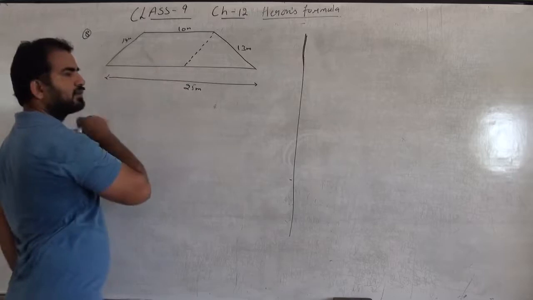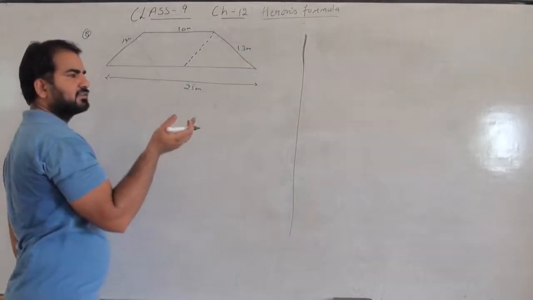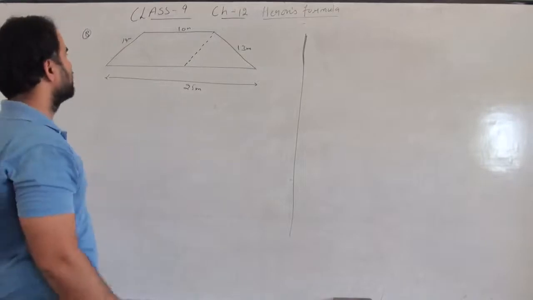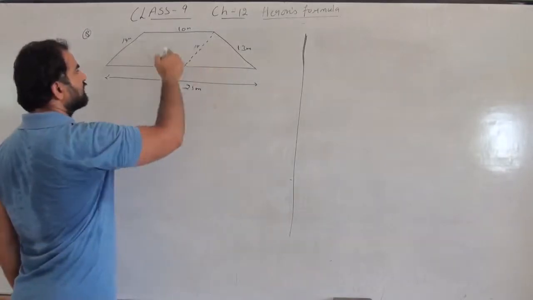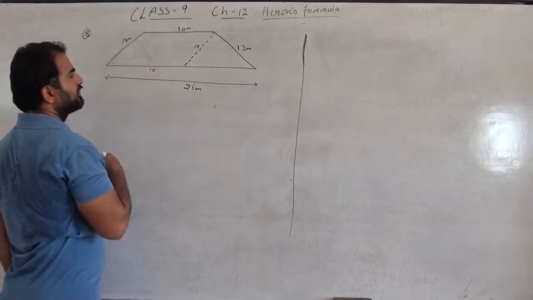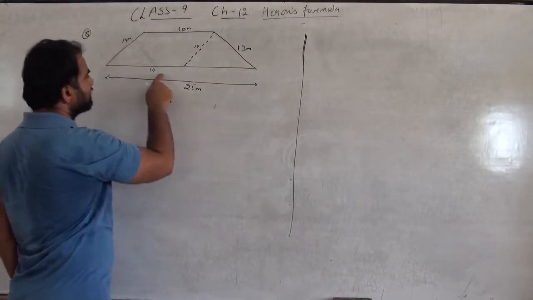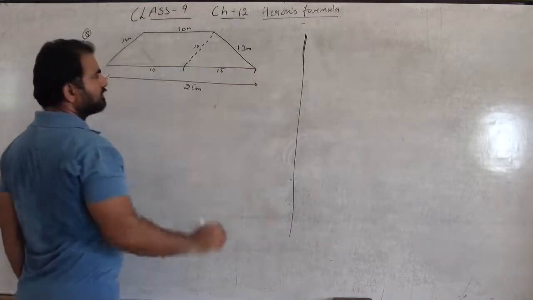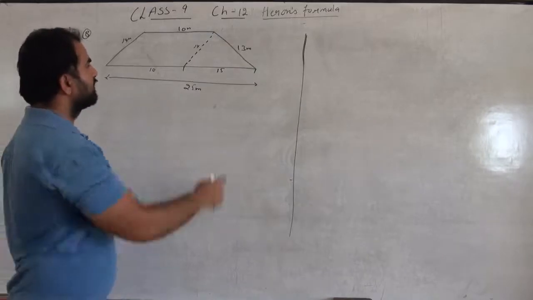So it will be a parallelogram, because if two parallel lines intersect other two parallel lines, they make a parallelogram. So it will also be 14. This is 10 and this will also be 10. If this is 10, then the remaining part will be 15.